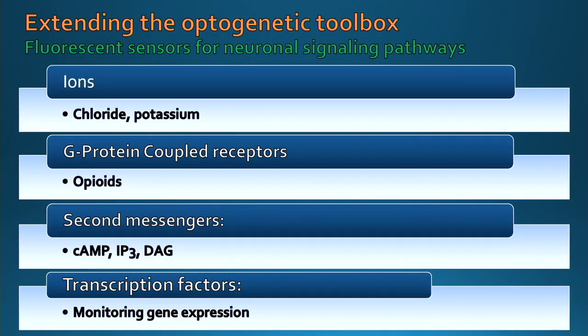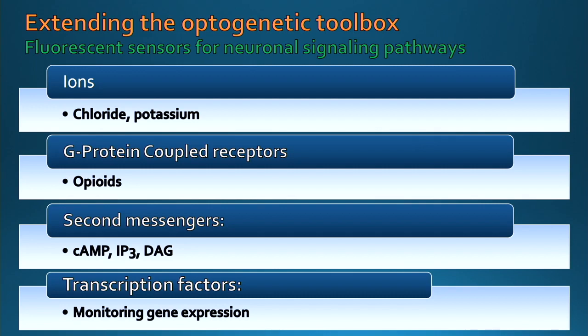We are particularly interested in building new sensors that can be used to monitor neuronal signals that are currently inaccessible for large-scale studies. For example, we are currently developing sensors for detecting the intracellular levels of chloride and potassium ions.